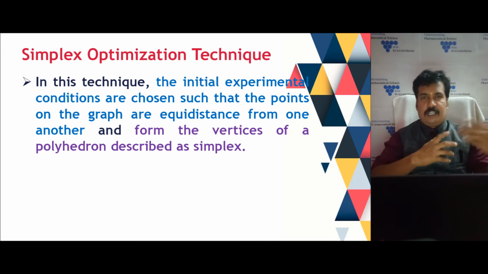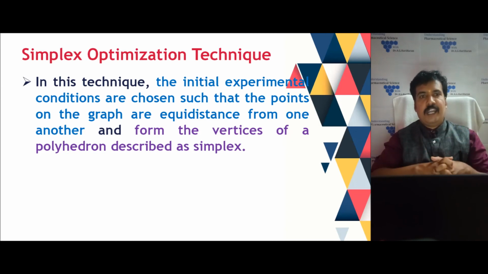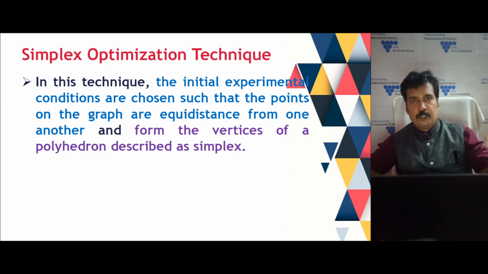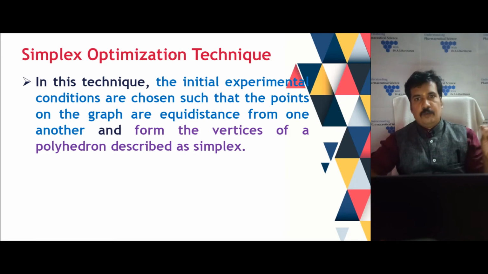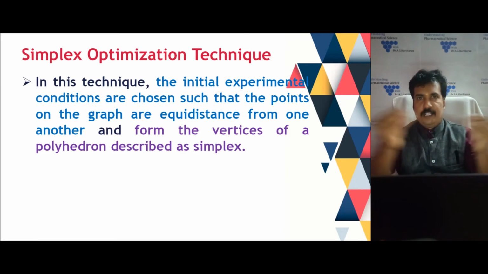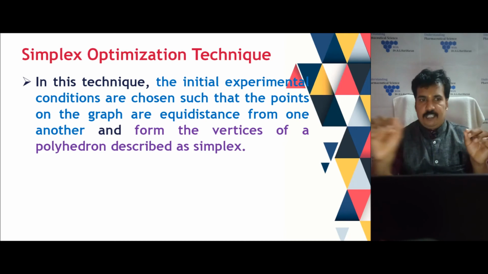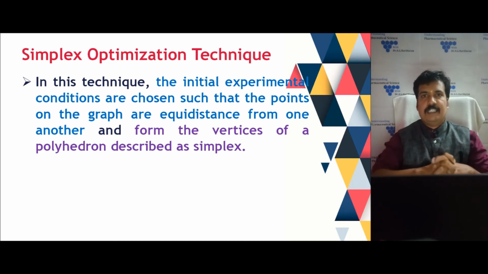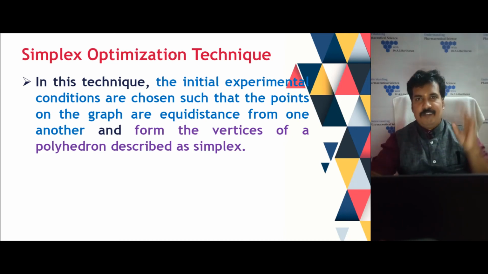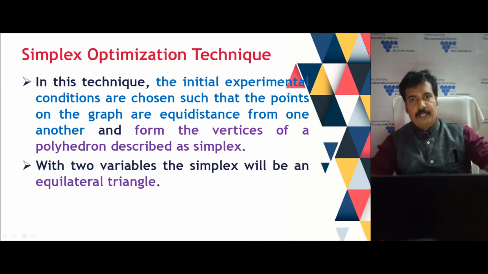In this technique, the initial experimental condition is chosen on a graph. We take 2 points, A and B, at an equal distance, which form a vertex. We make a line, and this vertex we call a simplex. So we are taking 2 variables, and using them we perform an experiment.